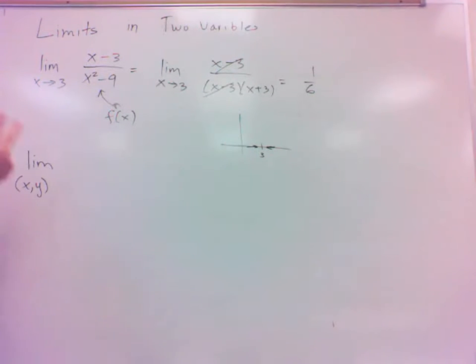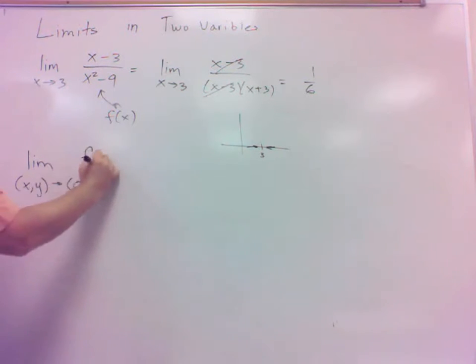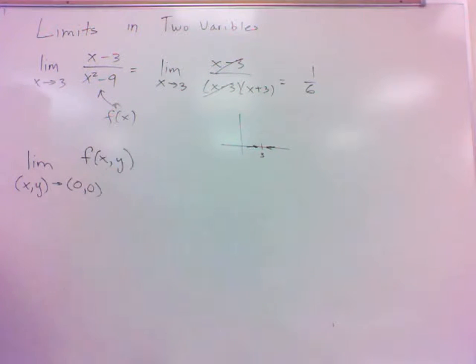Now, when we go to two variable functions, we're going to have to look at ordered pairs as we approach whatever. A lot of them will be 0, 0, of this f of x, y function.